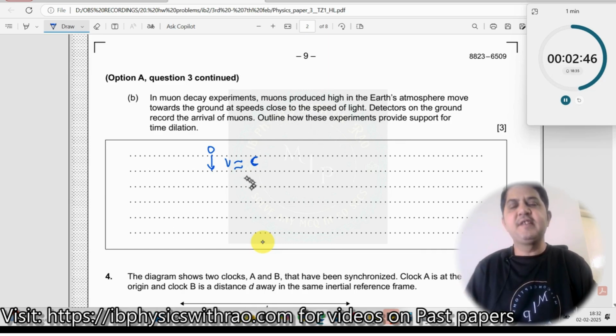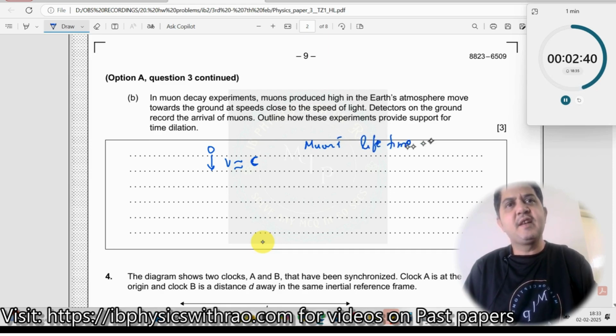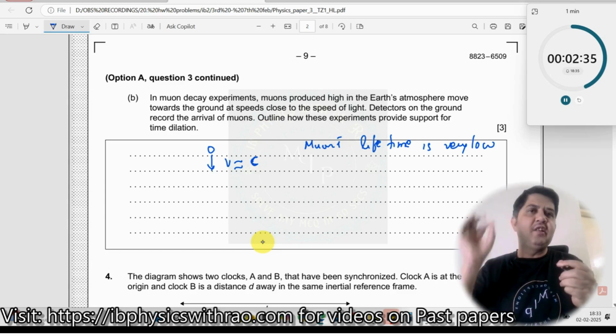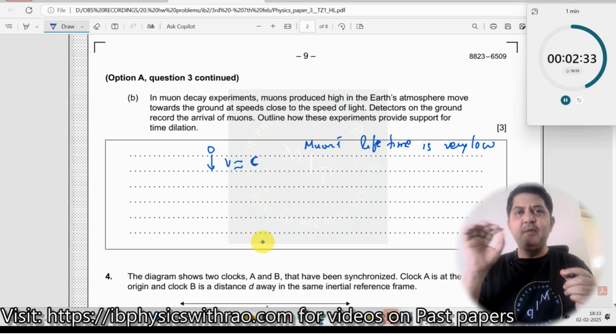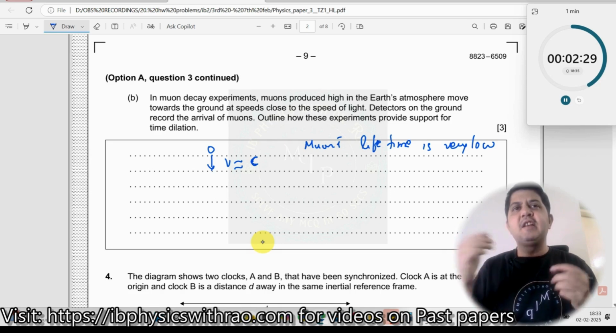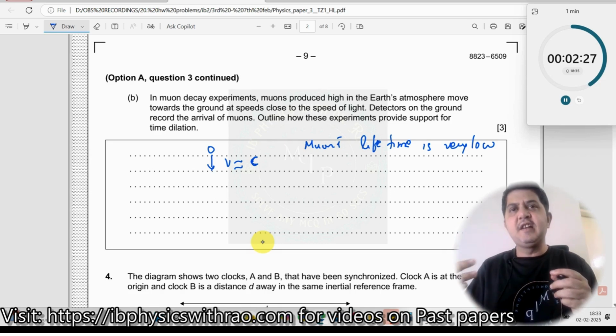Okay, so what happens is the muon's lifetime is very low, which means what? If you sit on the muon, then the muon's lifetime is very small, of the order of a few microseconds. It immediately dies off, or it just decays, or it gets converted into electrons. Okay, that's what should happen.